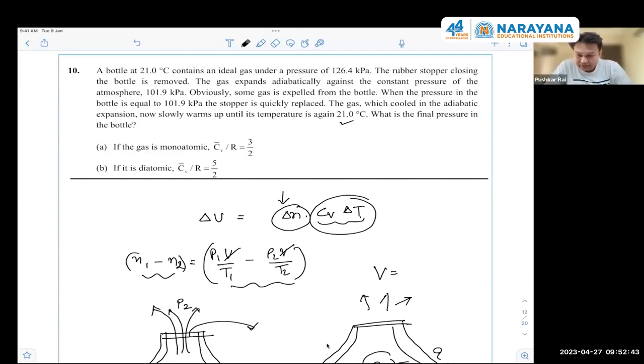Yes, you are getting there. If we know the temperature, can we use the formula P to the power 1 minus gamma into T to the power gamma equal to constant? No, it is not a reversible process, so no such formula. But in fact, this is a very important method for determining the Cp by Cv ratio.